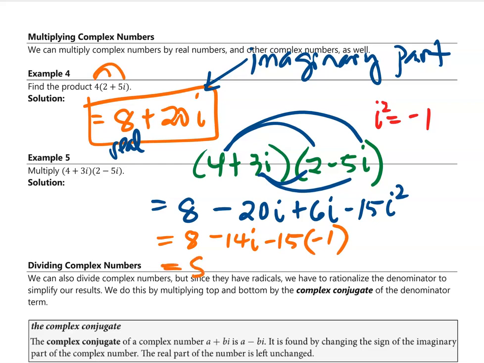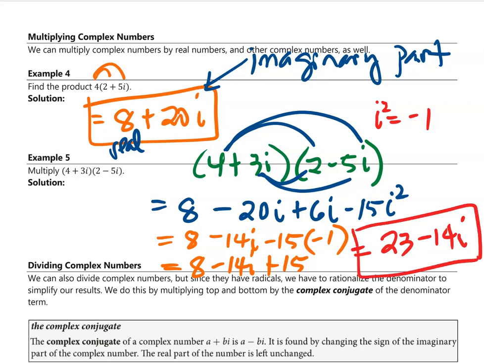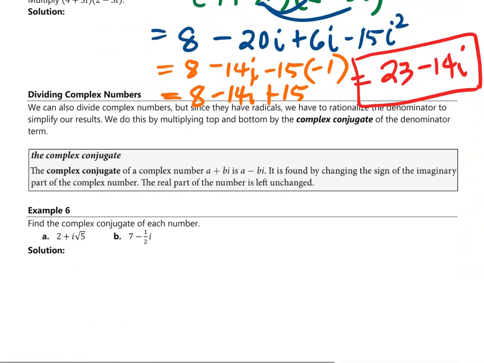Negative negative is positive, so plus 15. So now this is 8, combine like terms. 8 plus 15 is 23 minus 14i. So this is the answer in standard form, real and imaginary part.